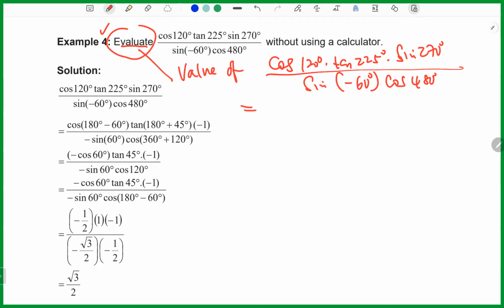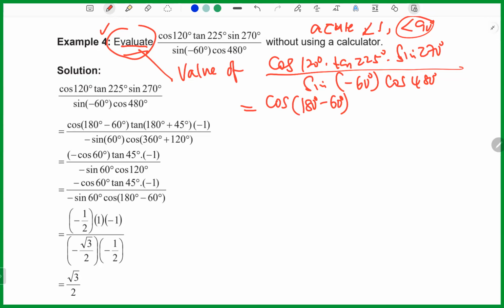Now to deal with numerical angles, where we need to find the value, you need to reduce all these to acute angles. That is the secret. Acute angles are those less than 90 degrees. If you look at the angle of 120 degrees, you can adjust it by saying it's 180 minus 60, which is actually 120.